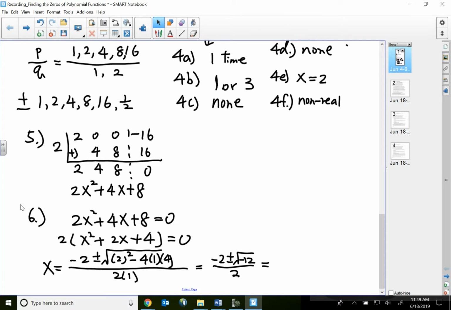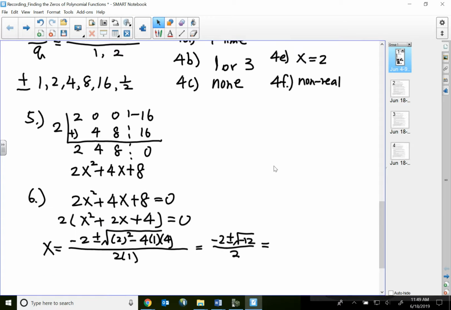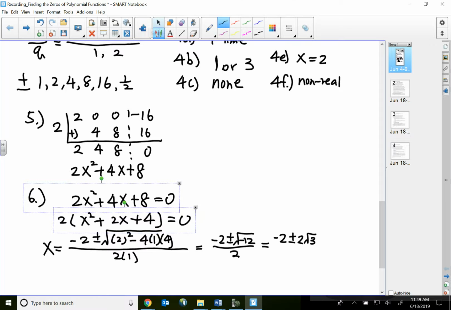Let me make this a little bit easier to read. Square root of 12 can be broken down to 2 times square root of 3, I believe. Square root of negative 3 is going to become i, over 2.